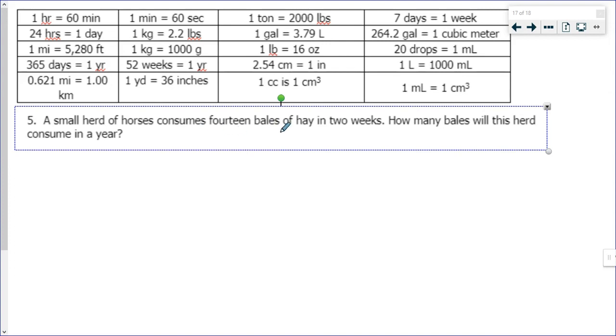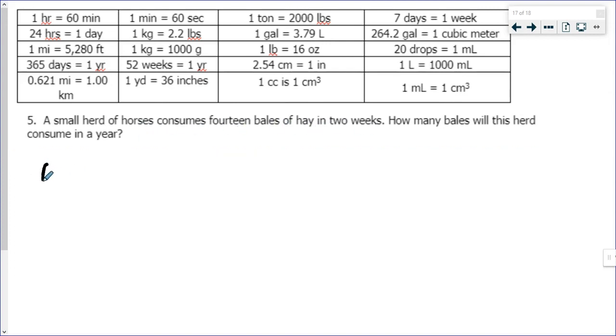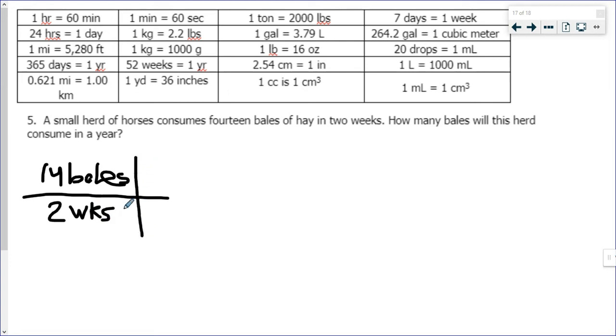What you have to look at here is that we know that they eat 14 bales, and that's per 2 weeks. So that's how we would set that up, where we end up having 2 units, one per another unit.